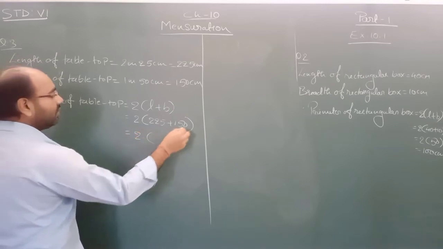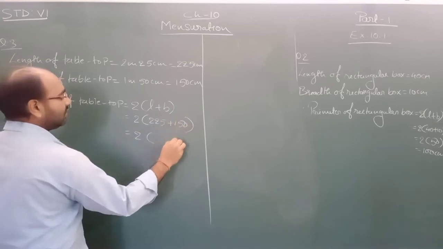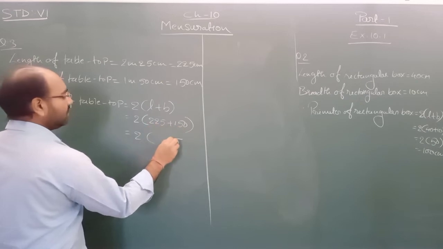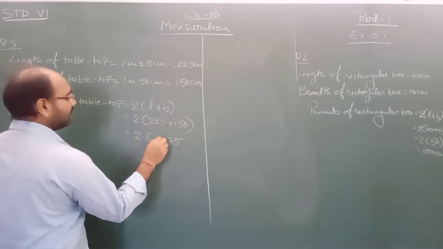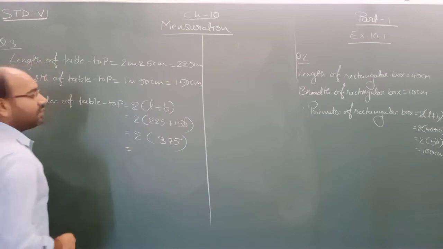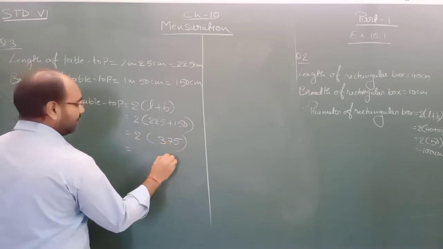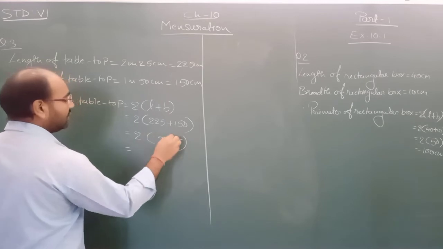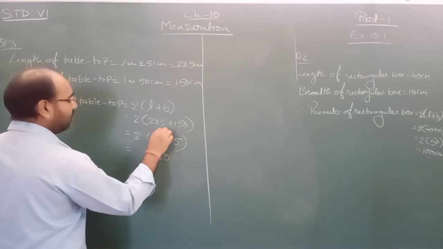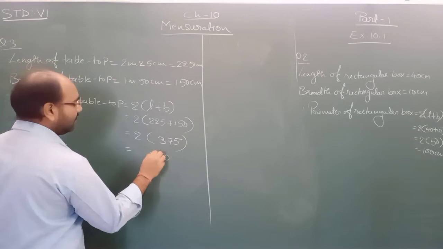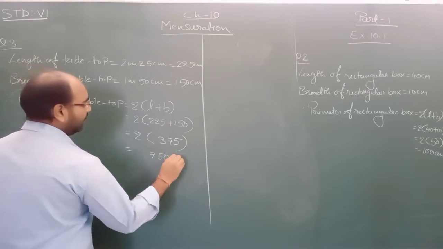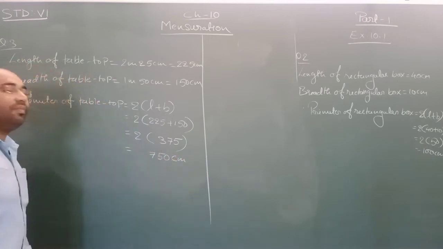So that will be equal to 5 plus 0 is 5, 5 plus 2 is 7, and 2 plus 1 is 3. So just multiplied by 2. So 2 5s are 10, 1, 2 7s are 14 plus 1, 15, 1, 2 3s are 6 plus 1, 7. 750 सेंटीमीटर will be the perimeter.